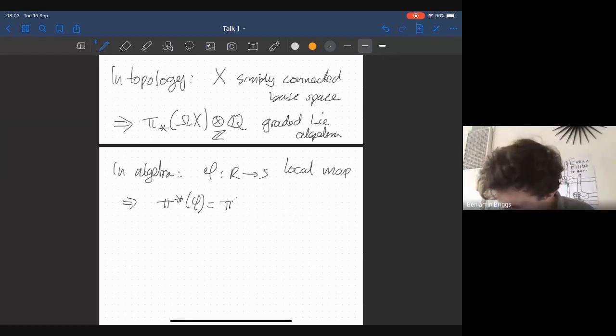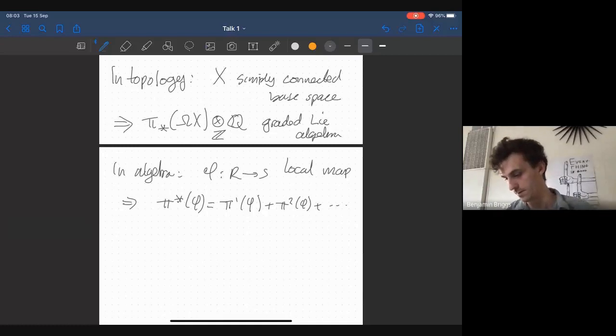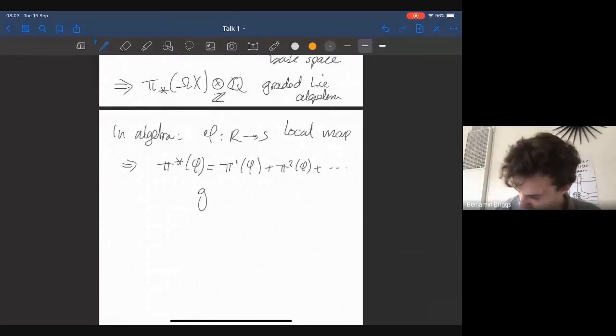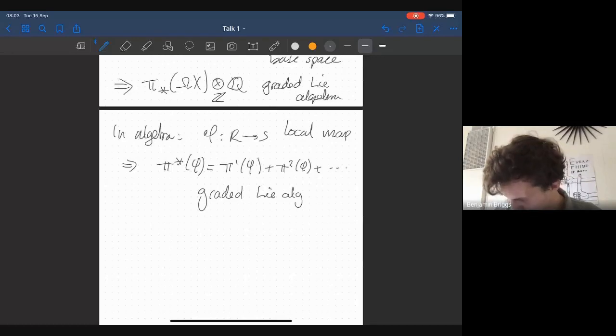It's graded, and it always starts in degree 1, and then goes 2, 3, 4, and so on. So there's never anything in degree 0. And it is a graded Lie algebra over the residue field K.